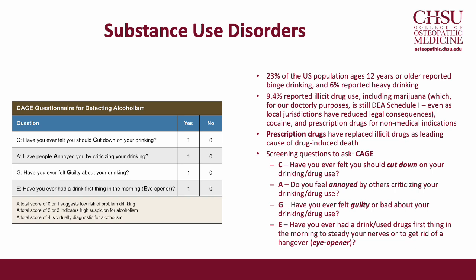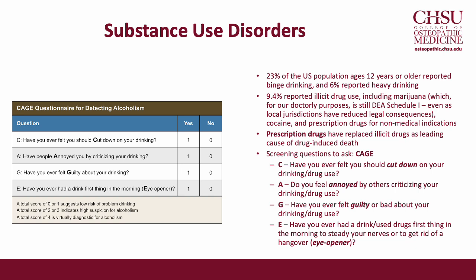If you said the CAGE questionnaire, you are correct. The CAGE questionnaire is a screening instrument that works for any addictive behavior or substance use disorder, although it has been most extensively studied and applied in alcohol use disorder screening. The C in the CAGE questionnaire asks, have you ever felt you should cut down on your drinking?